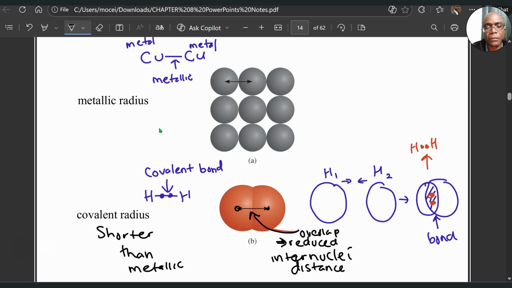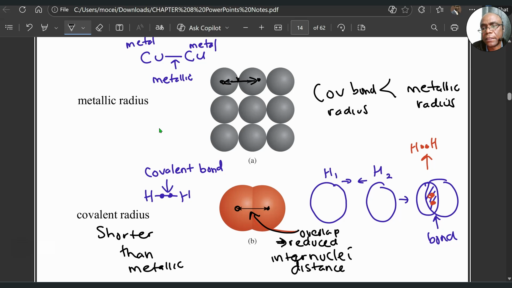In metallic, there's no sharing. The atoms will just barely touch. So you have maximum radius between the two nuclei. So we can conclude that the covalent radius is always less than the metallic bond radius because there is an overlap.